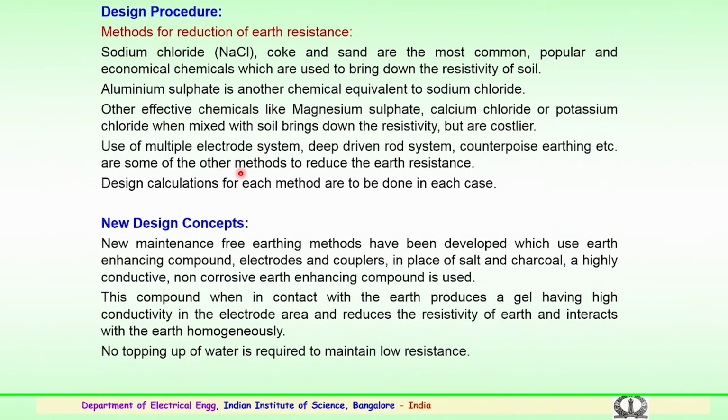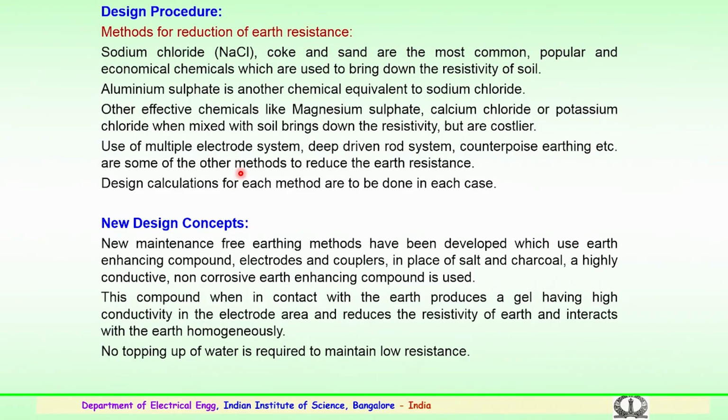Coke and sand, that is coal and sand, are the most common, popular and most economical chemicals which are used to bring down the resistivity of soil. So, in earlier substations or for residential grounding, the simplest mechanism is the salt, coal and sand in different layers. This is the popular and economical method which is being used.